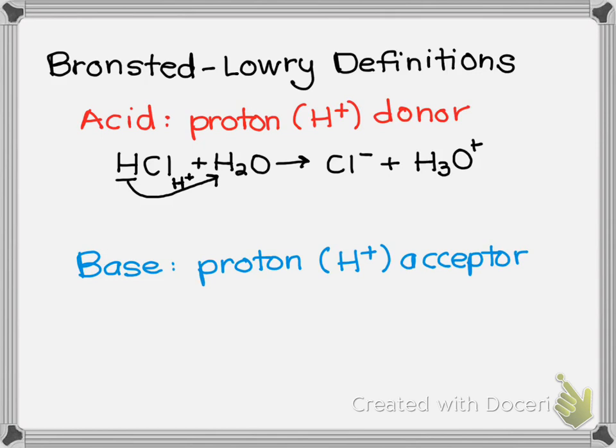So in this definition, we're not looking at whether it has water, or that it forms hydronium ion, which is the Arrhenius definition. We're looking right here where the H plus, the proton, is donated to the water. So it's that act of the acid donating its H plus. So for something to even be considered a Bronsted-Lowry acid, it must have a hydrogen.